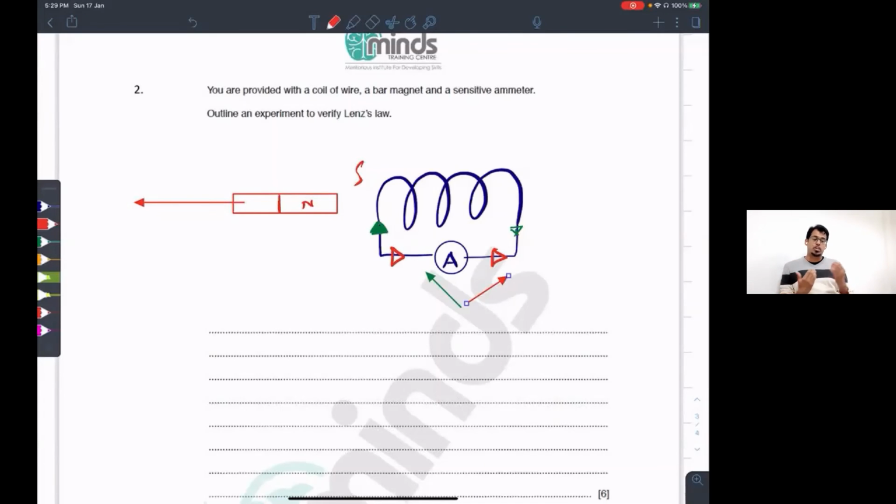If previously we were pushing the magnet into the coil, now we will be pulling the magnet out of the coil. The direction of the ammeter deflection should change. It will be opposite. It shows that induced current always opposes the cause which has produced it. Direction of induced current will always be in a manner that it opposes the cause which has produced it.